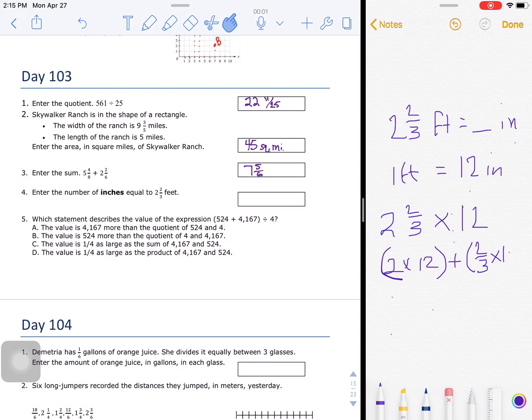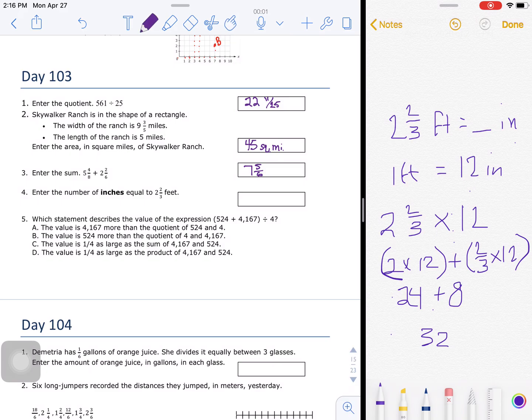2/3 times 12. We have to decompose 2 2/3. So 24, and 2/3 of 12 is 8. 24 plus 8 is 32.